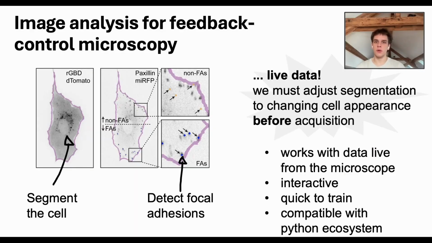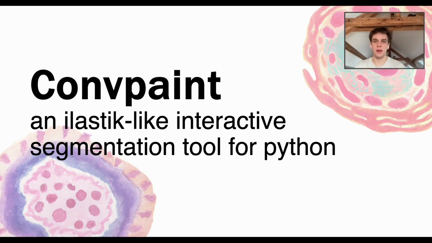I also needed a tool that was compatible with our Python-based pipeline that works nicely with the napari image viewer. And at the time, there wasn't really something available. So I started developing a tool, which is an ilastik-like interactive segmentation tool. It's completely built in Python.